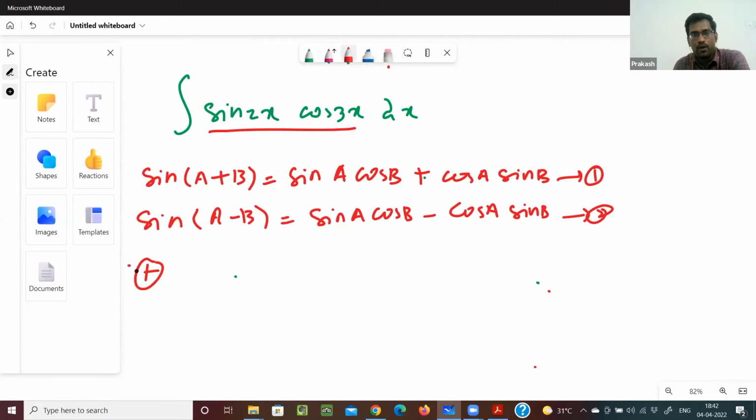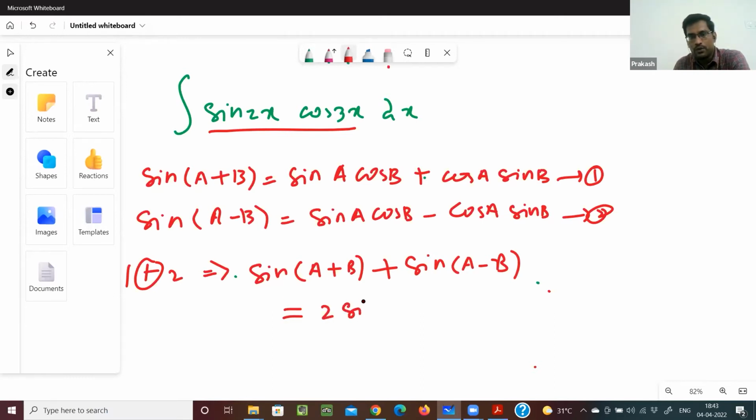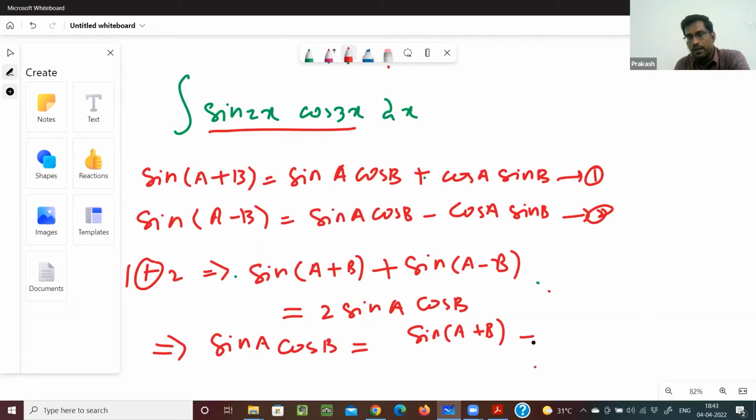If you add 1 plus 2, we get sine of (A plus B) plus sine of (A minus B) equal to 2 sine A cos B. So from this we can rewrite sine A cos B equal to sine of (A plus B) plus sine of (A minus B) divided by 2. So this is a main important identity.